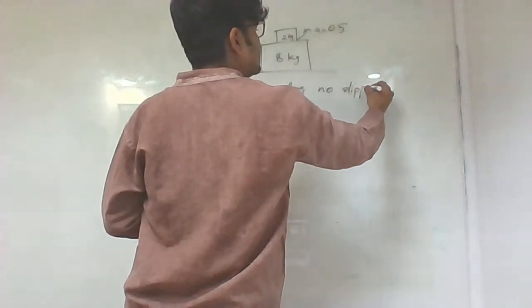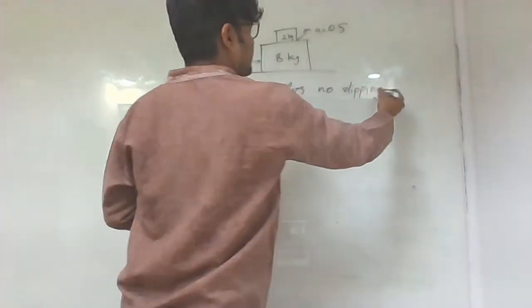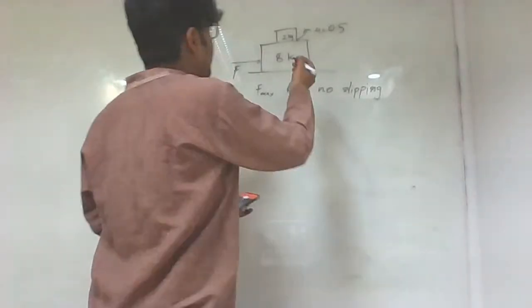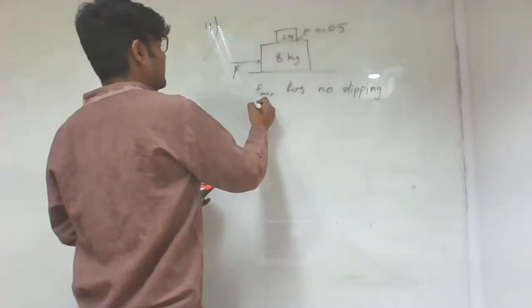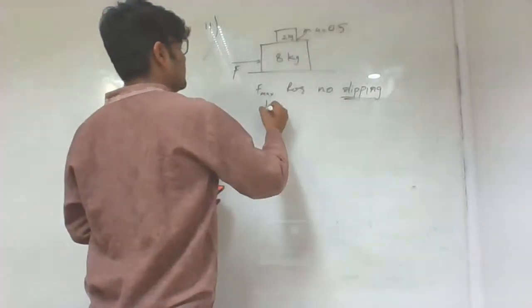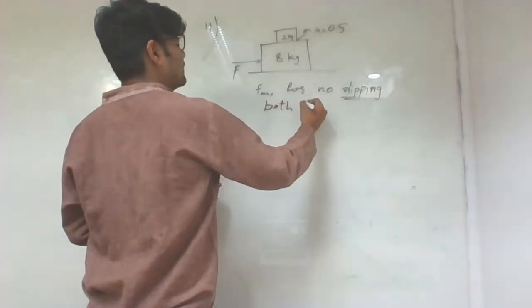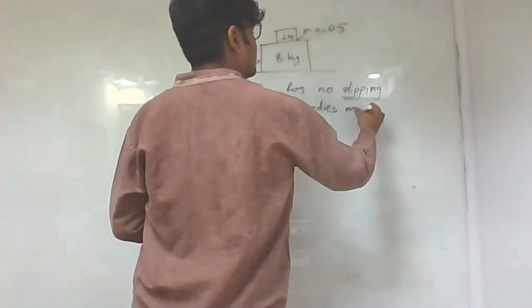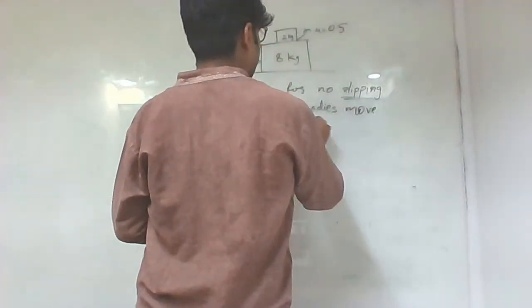It's one of the most basic questions done in friction. If there is no slipping, both bodies move together. This is very important.